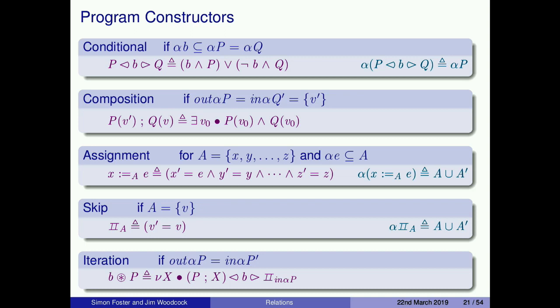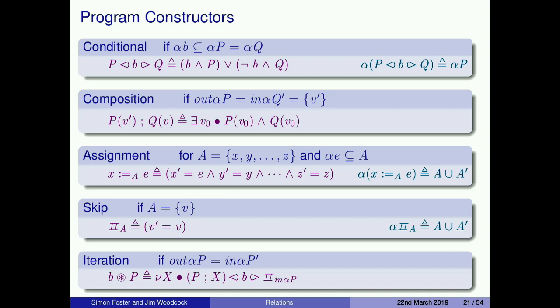And then what we're going to say is that there exists a V0 such that P holds at V0 and Q holds at V0. And this V0 is the intermediate state between executing P and Q. So effectively what we're doing is we are connecting the outputs of P to the inputs of Q. And if you've seen relational calculus, this is the kind of definition that they use for sequential composition.